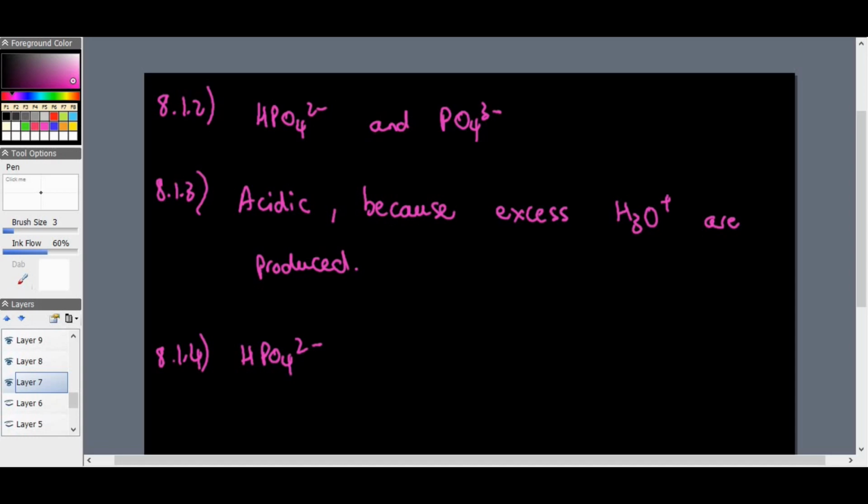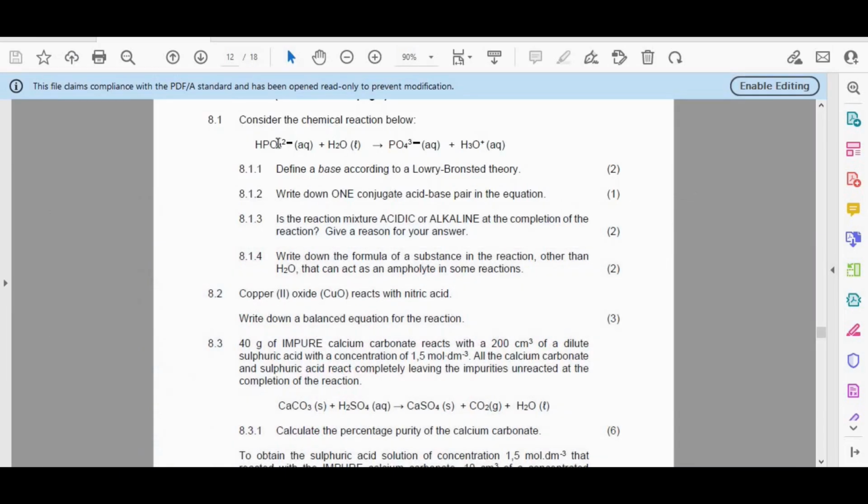HPO4 can still accept another 2 hydrogen protons because it's got 2 minus, and as we see in the current reaction, it gave 1 away. So HPO4 2 minus, we should have recognized, is an ampholyte.